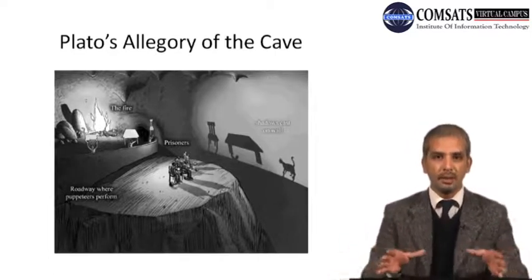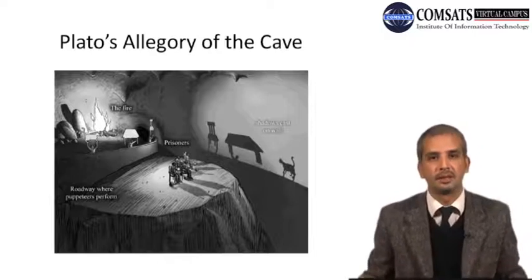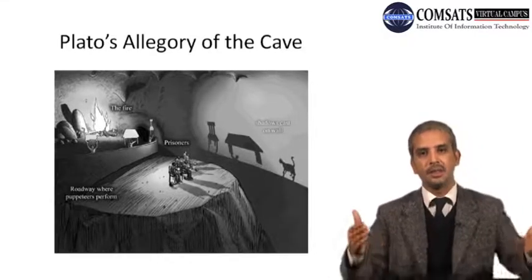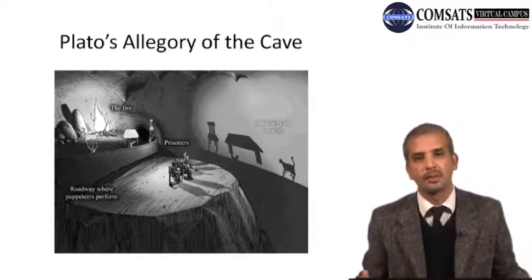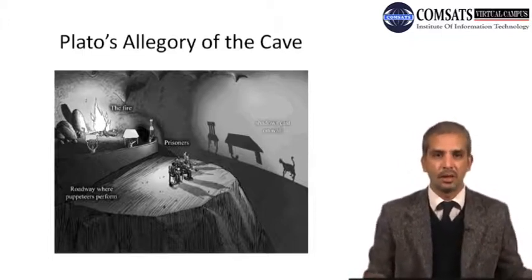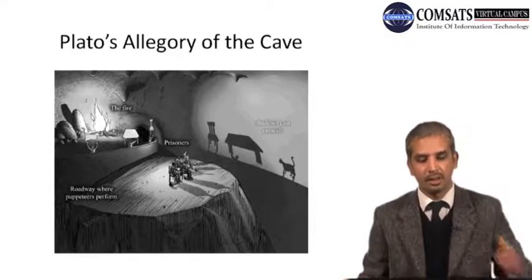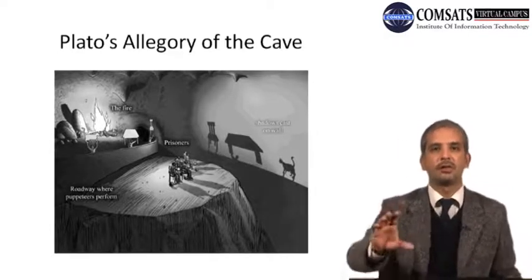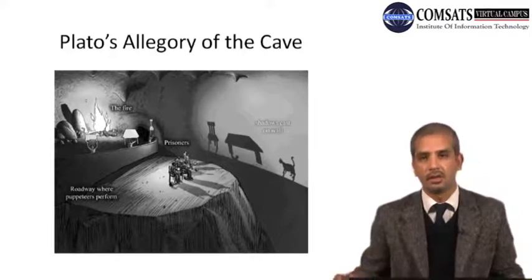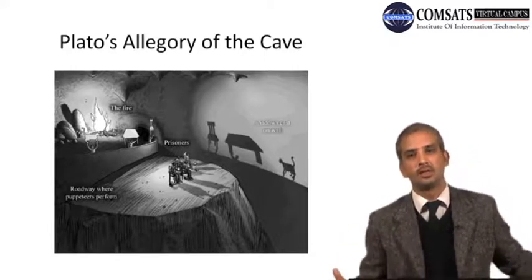So different people would have different experiences. What they see is what they perceive, and actually in reality the things would be different. You can see the actual world in which the fire, when you look at the slide closely, is reflecting different things which form a shadow of a chair on the left side. So they perceive a chair, but actually it is not a chair.